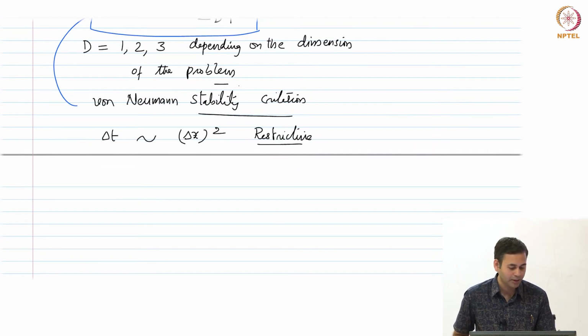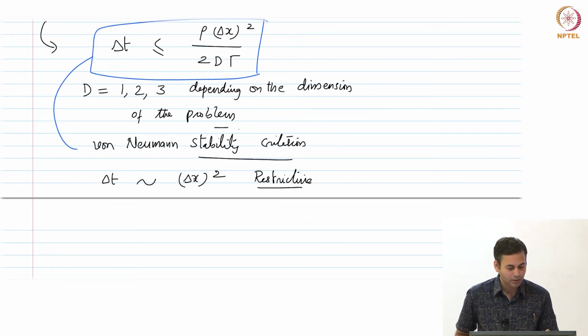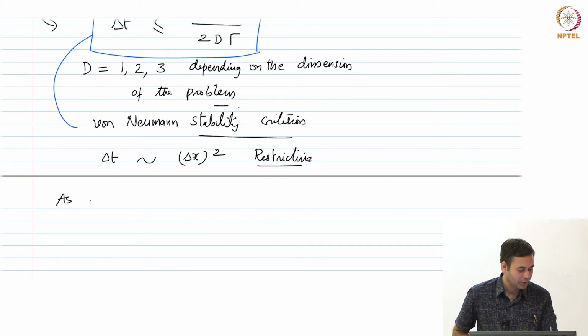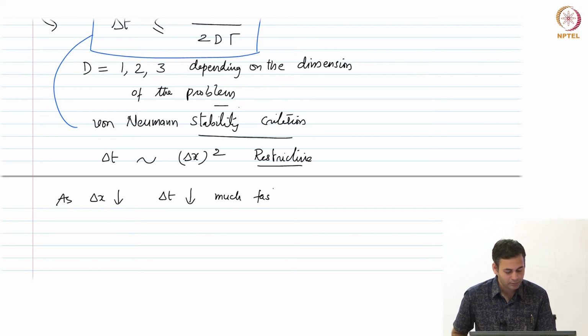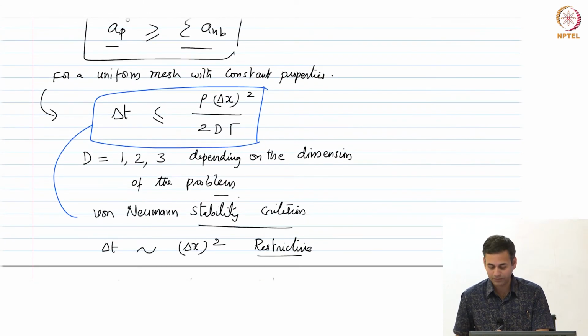That is why explicit schemes are not used to a great extent, because of the limit on the delta t. And as delta x goes down, delta t goes down much faster. So this is a big restriction for the explicit schemes.